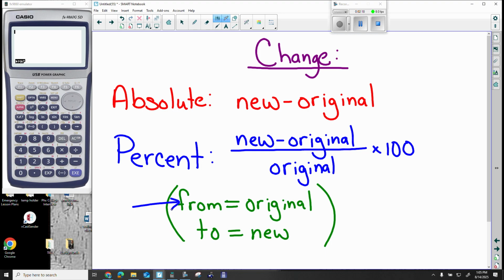It started as that value. And what it turns into implies that that is the new value. So you're able to use these various formulas knowing this new value and this original value. You just have to plug it in the appropriate place.